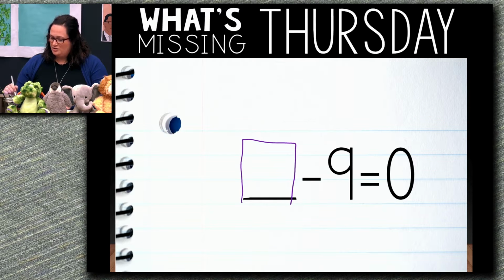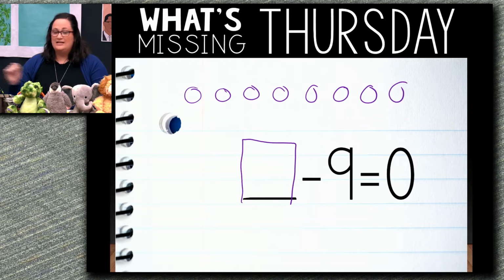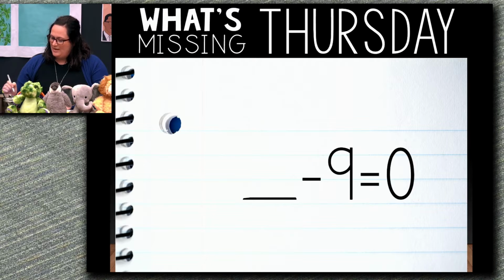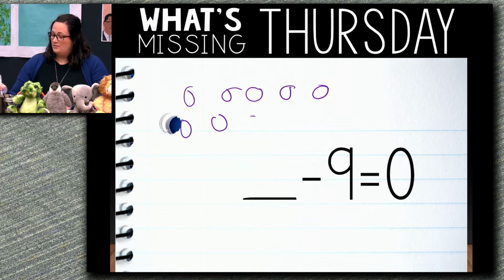If you're not sure, let's try one. What about 8? Can I take 9 away from 8? Nope, that's not going to work. Okay, what about 10? If I take 9 away, will I have 0?